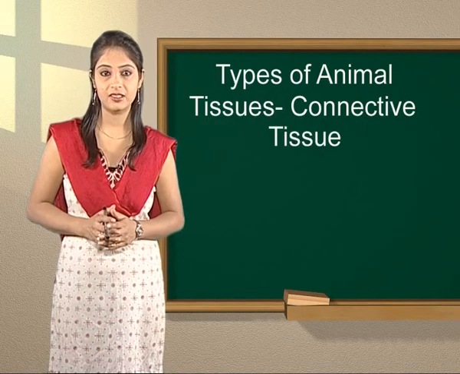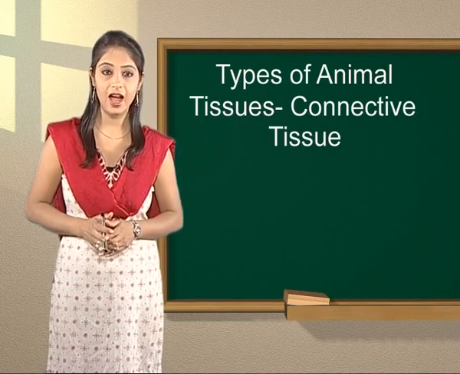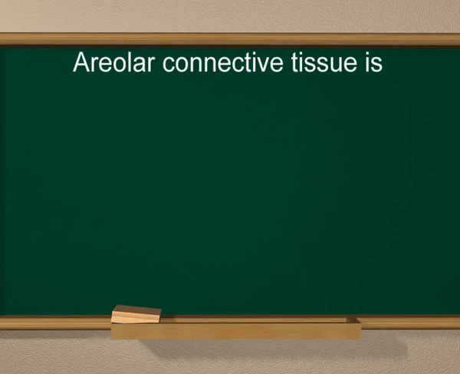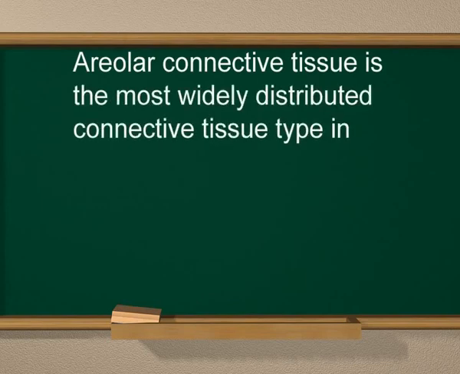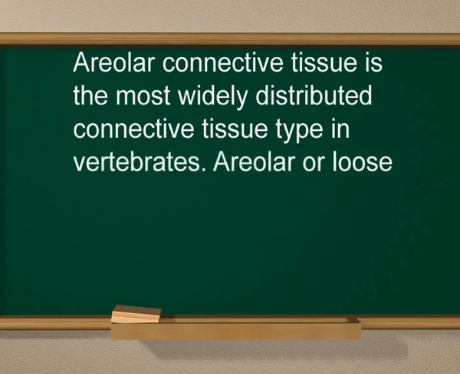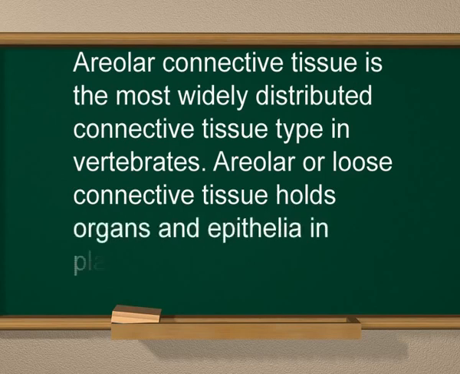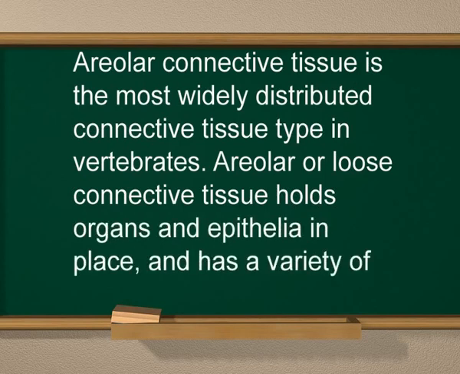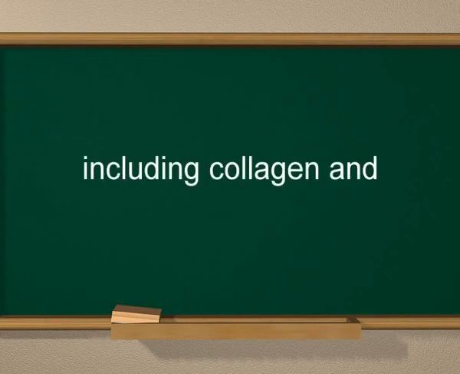Next question. What are areolar connective tissues? Answer. Areolar connective tissue is the most widely distributed connective tissue type in vertebrates. Areolar or loose connective tissue holds organs and epithelia in place and has a variety of proteinaceous fibers including collagen and elastin.